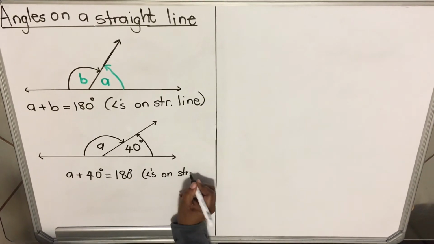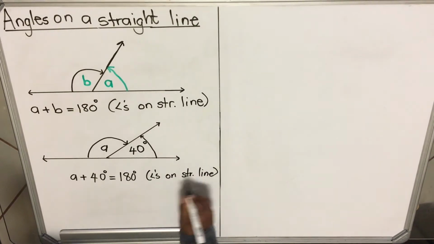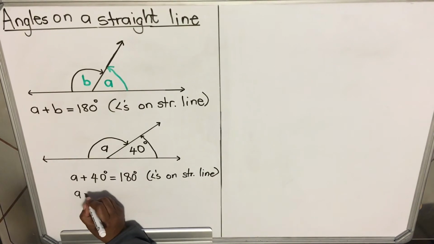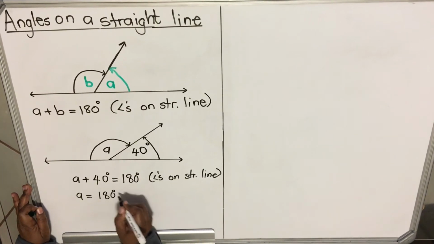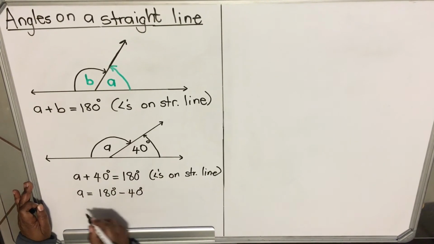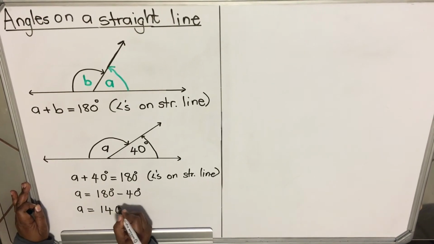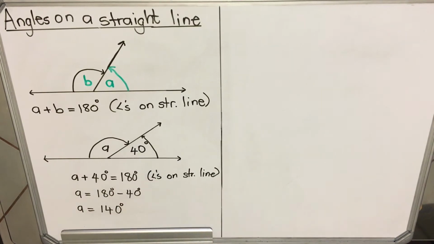No reason, no marks. Angles on a straight line. Because I'm calculating A, I take the 40 to the other side, and as it jumps the equal sign, it changes sign. So angle A equals 140 degrees.